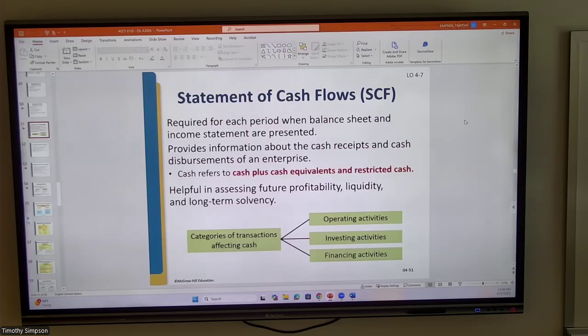Those are operating activities. Investing has more to do with the left side of the balance sheet, investing in things like equipment, paying off equipment, or getting rid of equipment and whatnot.